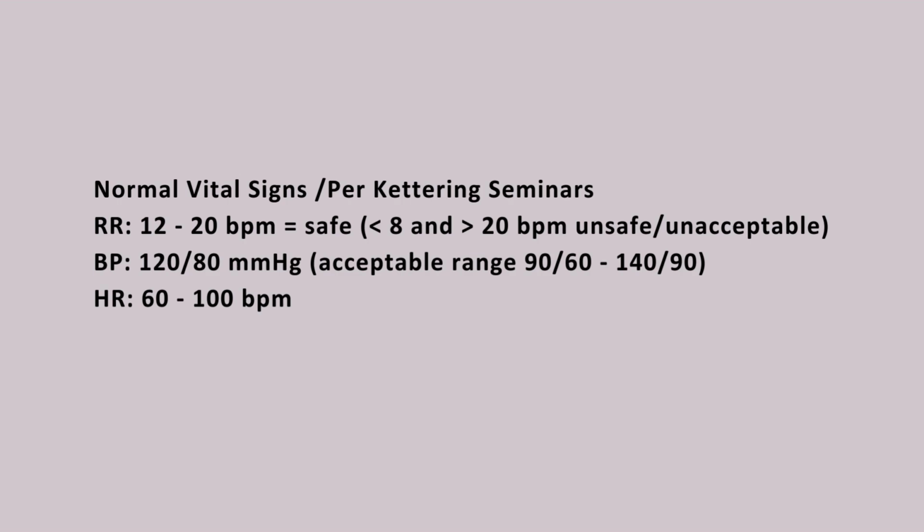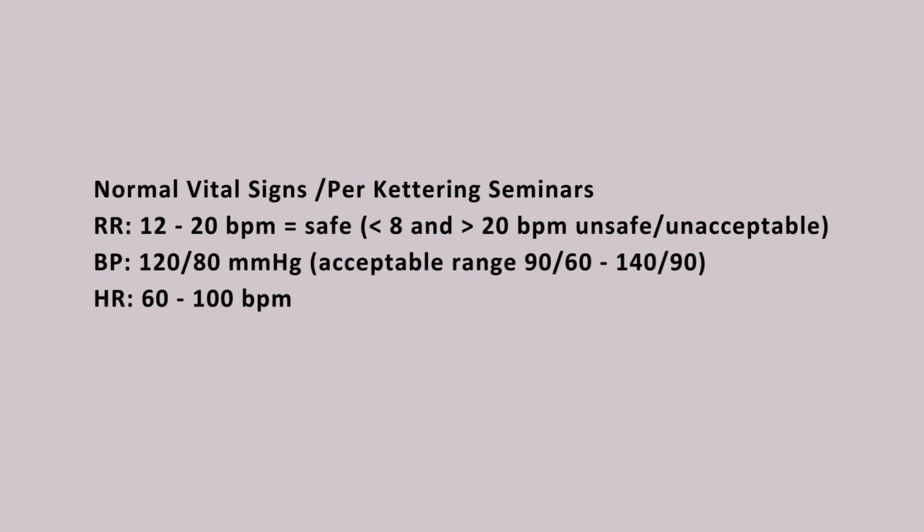Normal vital signs. We know the normal, but what you're looking for as far as respiratory rate: anything below 8 breaths per minute, anything above 20 breaths per minute, unsafe, unacceptable. Blood pressure, acceptable range, 90 over 60 to 140 over 90 millimeters of mercury.